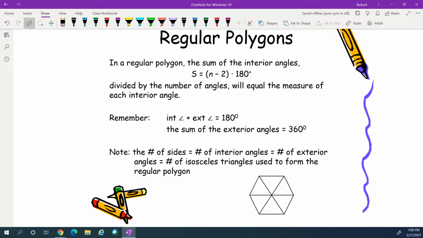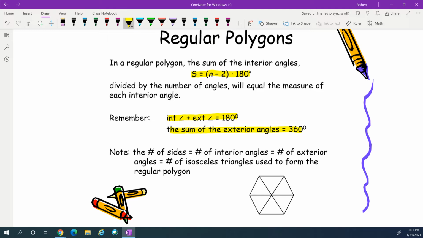So we've got a couple formulas here that are important to us. The sum of the exterior angles will always be 360, and an interior plus an exterior equals 180. Those are the formulas that we're going to need. As an example, at the bottom of the slide, we can see a regular hexagon.